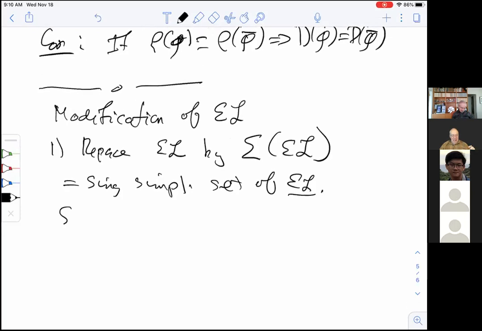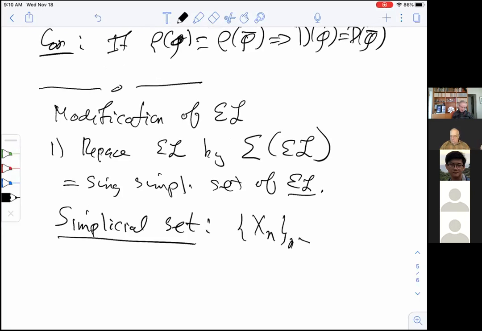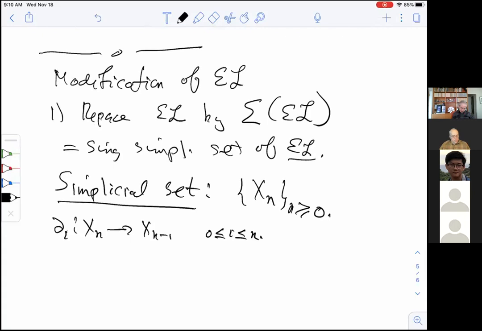So a simplicial set is a collection of sets indexed by the non-negative integers together with boundary maps, lowering dimension by 1, and there are n plus 1 of them from X_n to X_{n-1}.